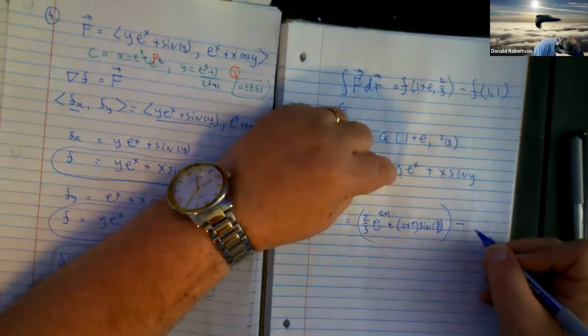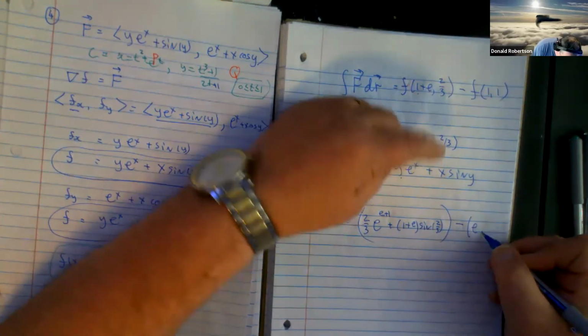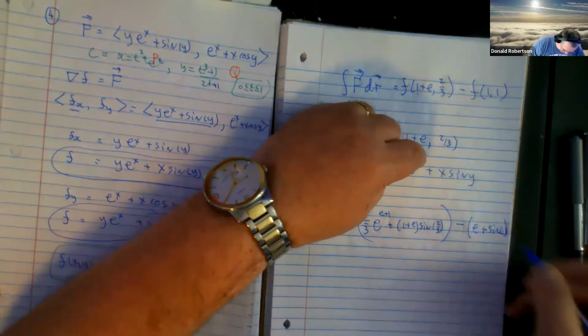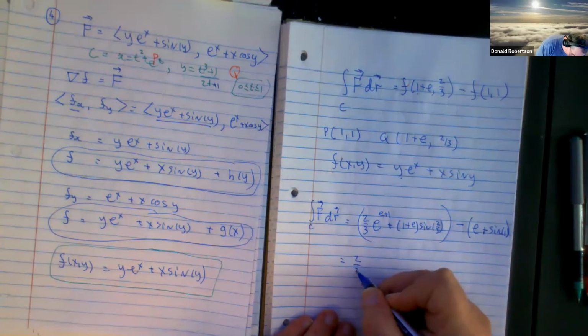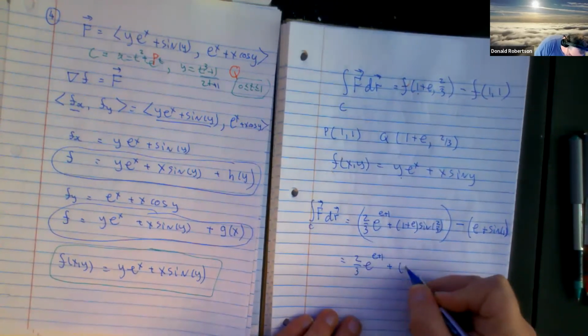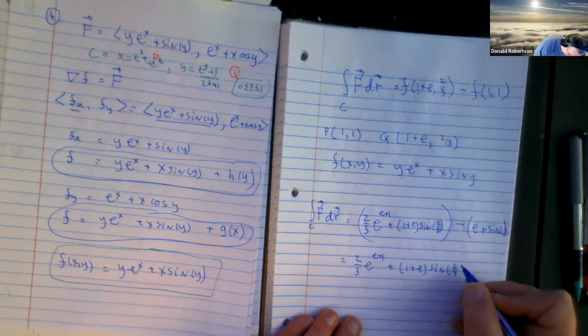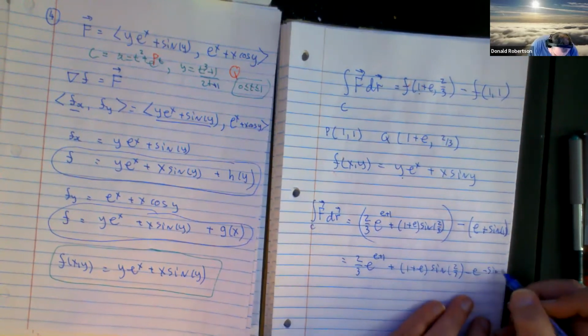When you plug in 1, 1, you get e plus the sine of 1. And that's it. I mean, I guess I could write it down. But 2/3 e to the e plus 1 plus 1 plus e, the sine of 2/3. Take away an e, take away a sine of 1.